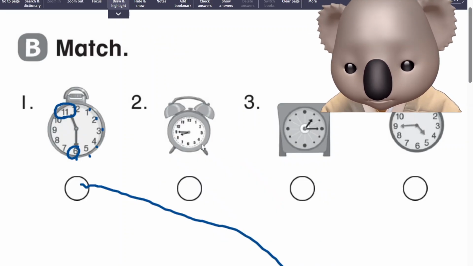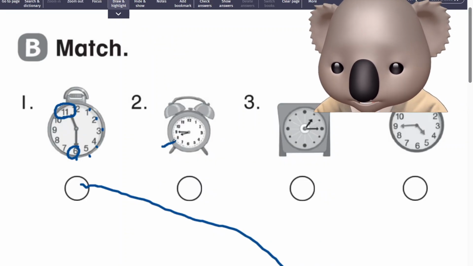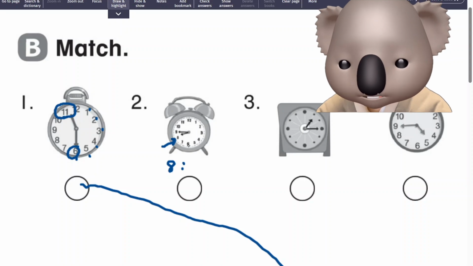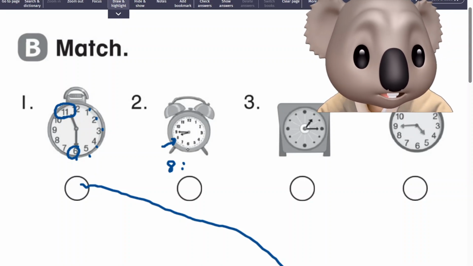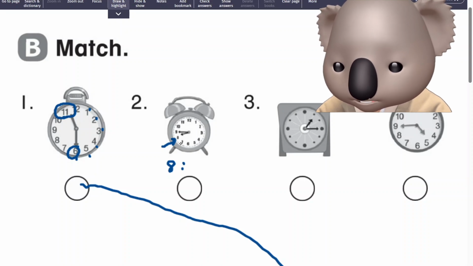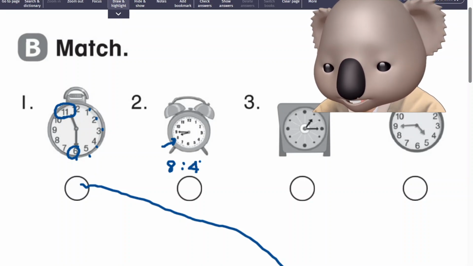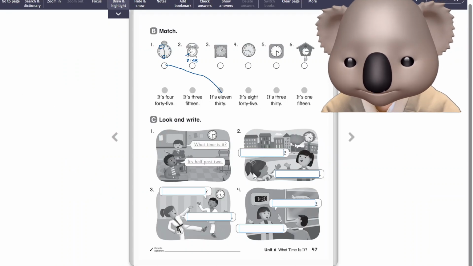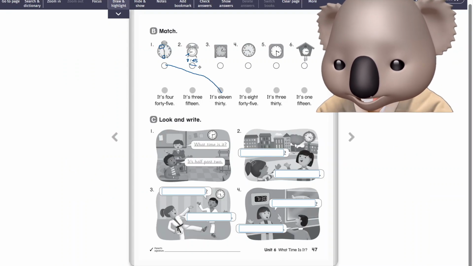In number 2, we can see the shorthand is on 8 and the long hand is on 9. So if we know that 6 will always be 30, let's start here. 30, 35, 40, 45. So it is 8:45. Right here.